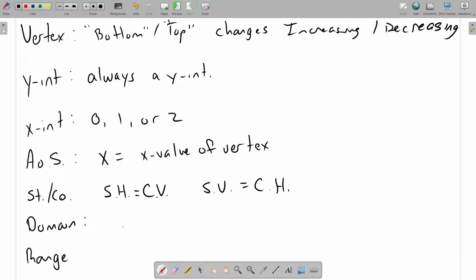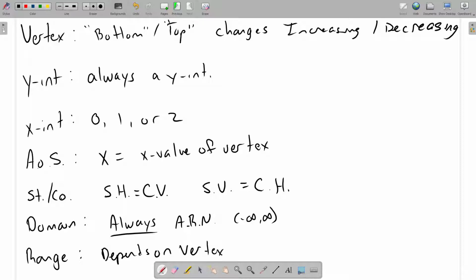The domain is always all real numbers, negative infinity to infinity. The range depends on the vertex. It's either negative infinity to the y value of the vertex, or the y value of the vertex to positive infinity, depending on if the graph is going up or down.